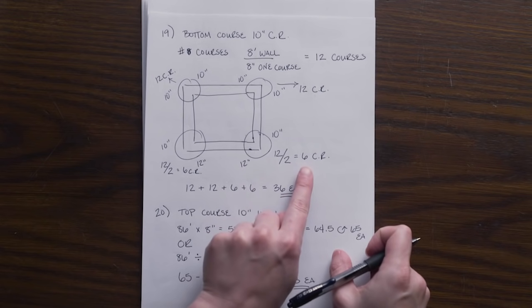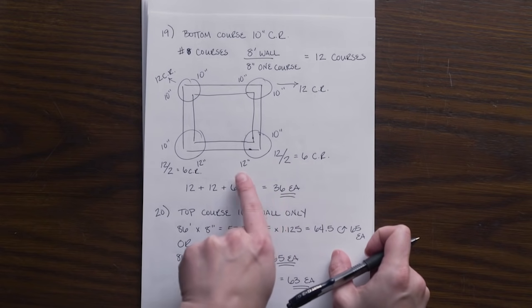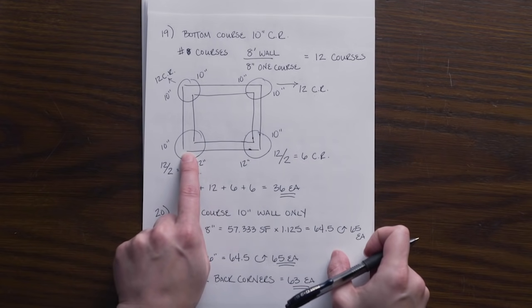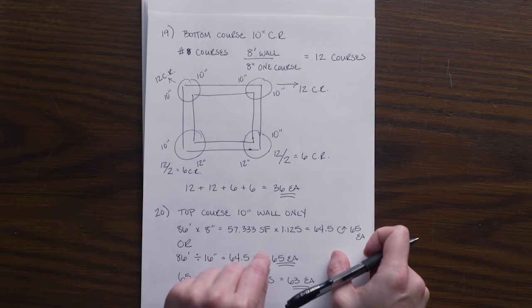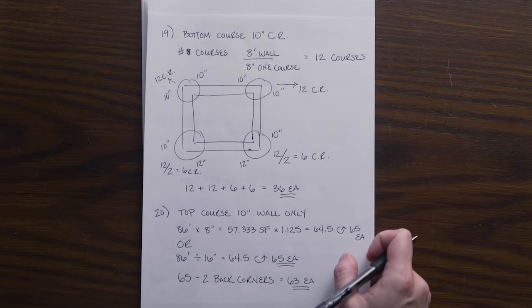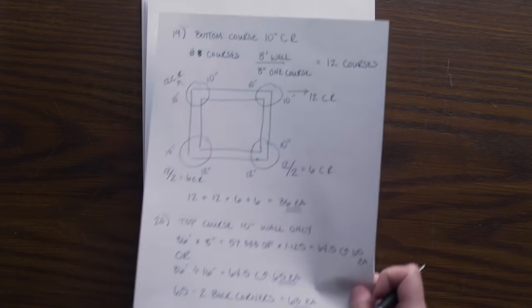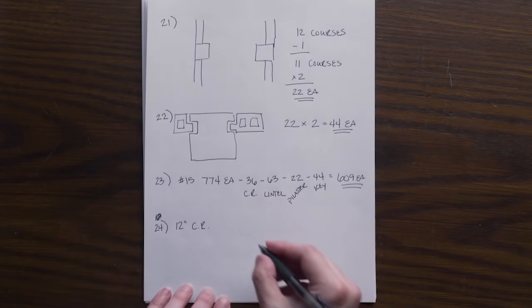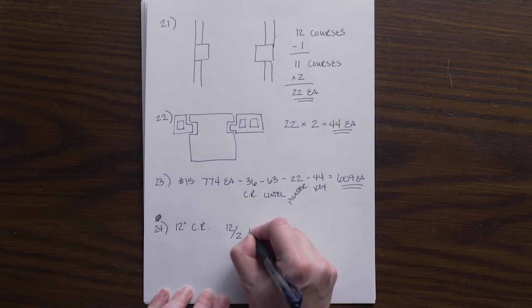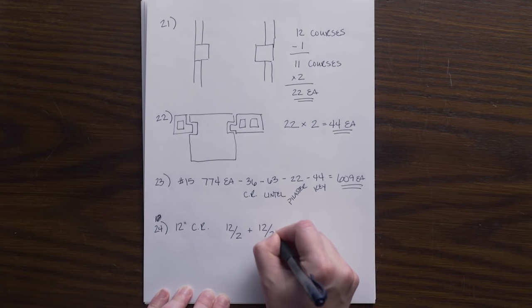So while we typically would have 12-inch corner returns every other one, or 6 at each corner, we have to take into account that the top course on our front wall is going to be our 8-inch block. So we will not have a 12-inch corner return there. So we have half of our 2 front walls.